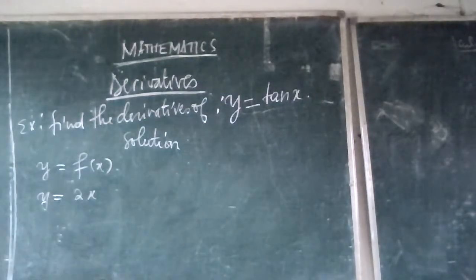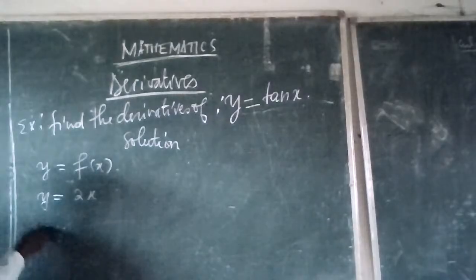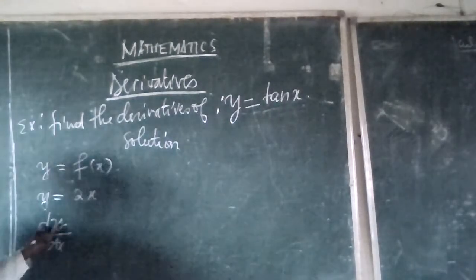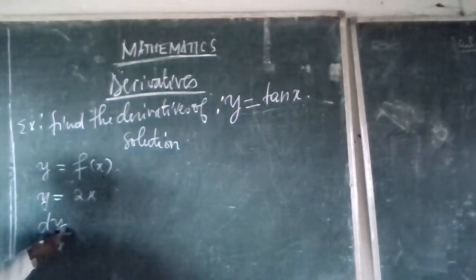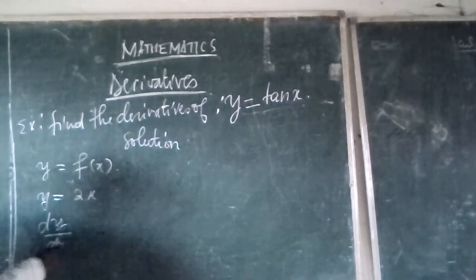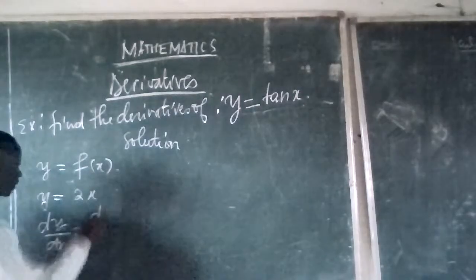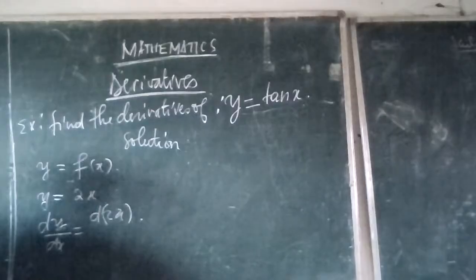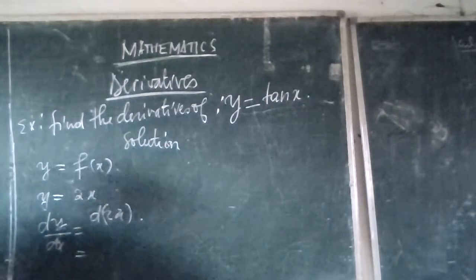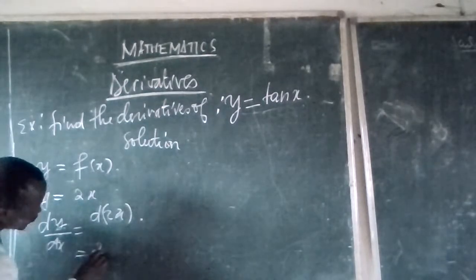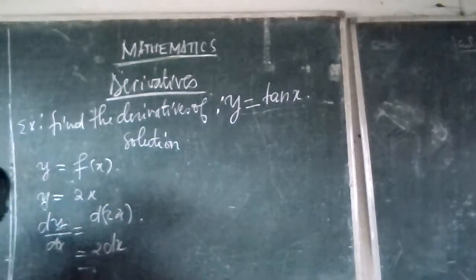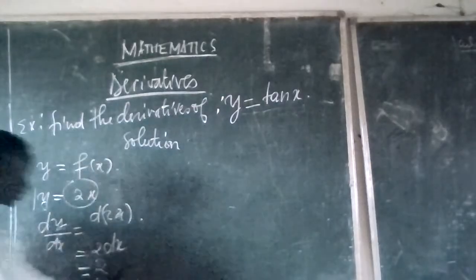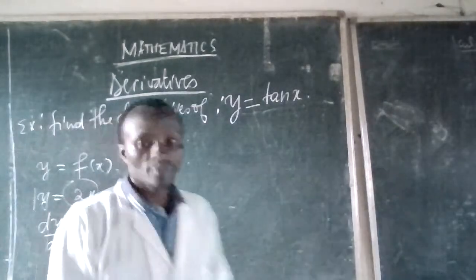We need dy over dx. It means I want to find the derivative of y, our given function, with respect to x. Here we should have 2 dx, which is equal to 2. It means the derivative of 2x is equal to the number 2. Are we together there?